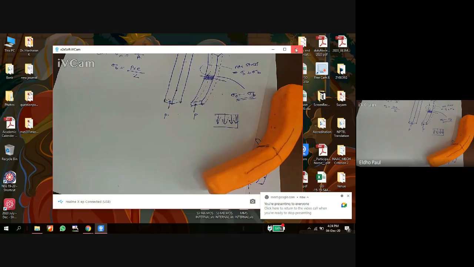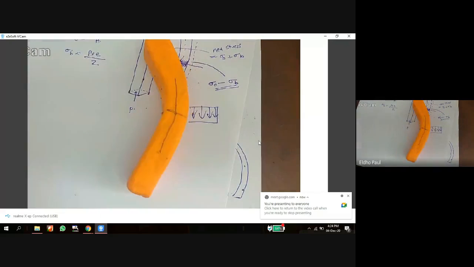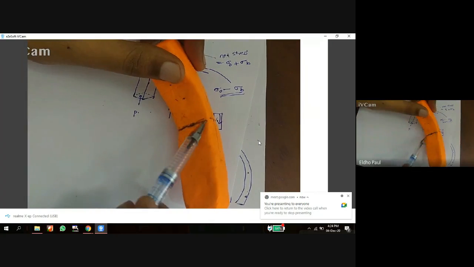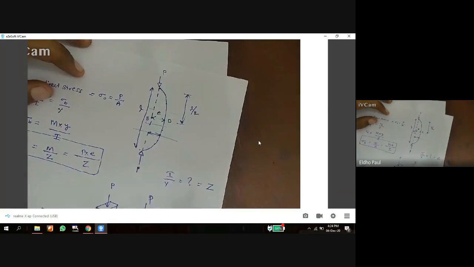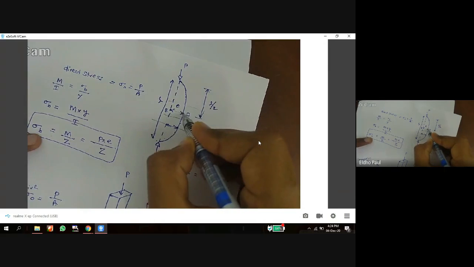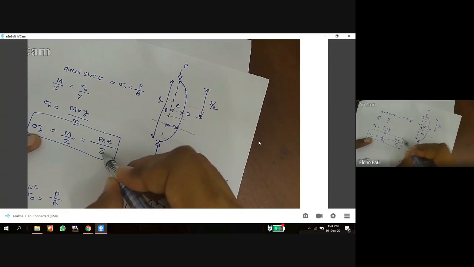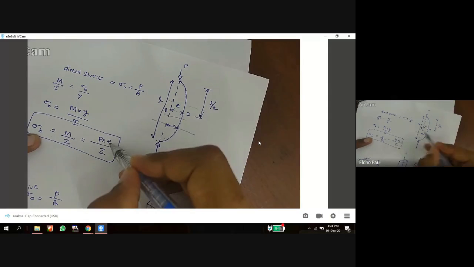Okay. Which fiber in this will have the maximum stress, the one undergoing compression? It will be at this point, on this line, that the material with maximum stress lies. From this we can say that at the center the material is subjected to maximum sigma B. Sigma B is maximum at the center because sigma B is equal to load into perpendicular distance divided by Z. There is no change in P and Z throughout the length, but the eccentricity e varies along the length.